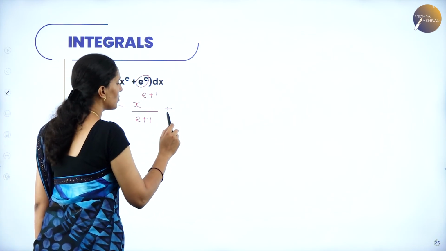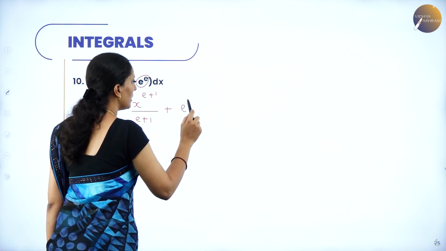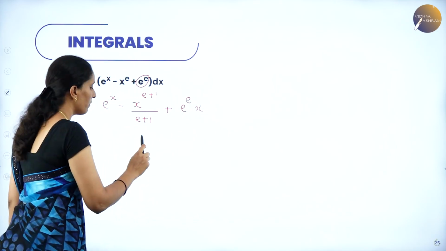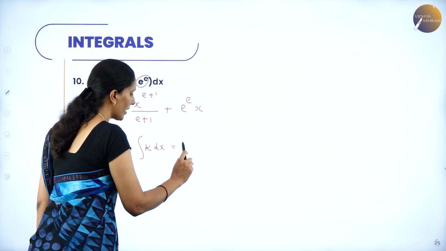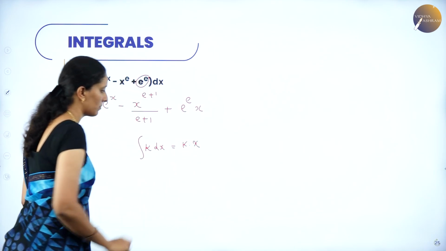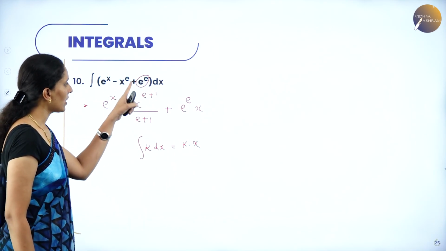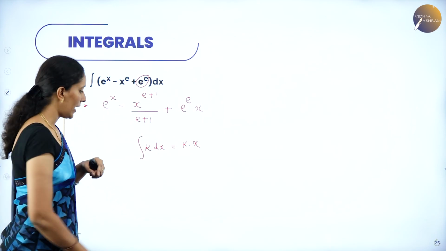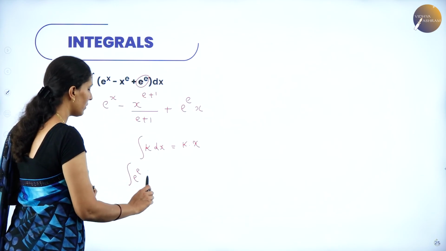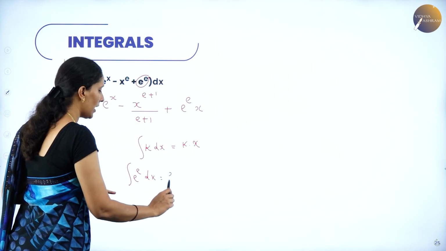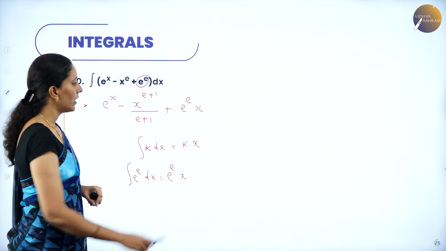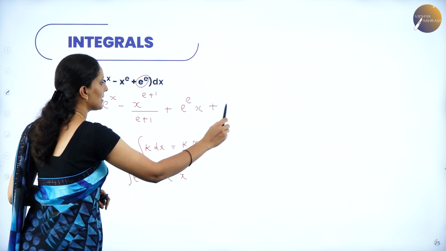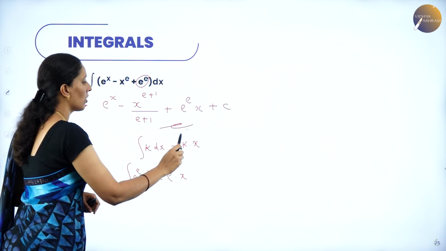Hence, integration of e power e becomes e power e into x. When you integrate any constant with respect to dx, I can write it as k into x. Thus, e power e is a constant, and when you integrate e power e with respect to dx, we will get e power e into x only. That is why I have written here e power e x plus c, where c is the integration constant.